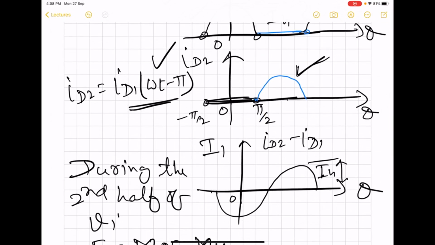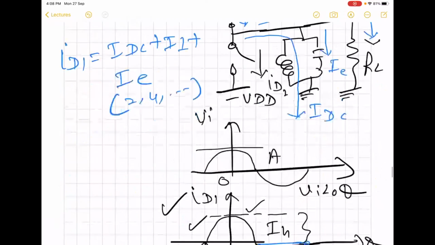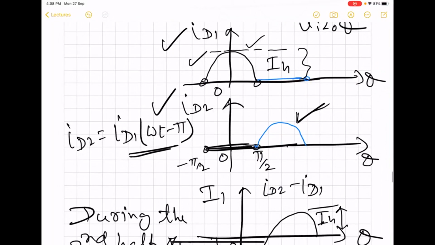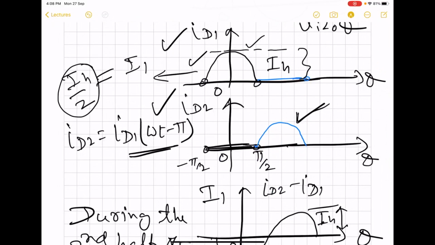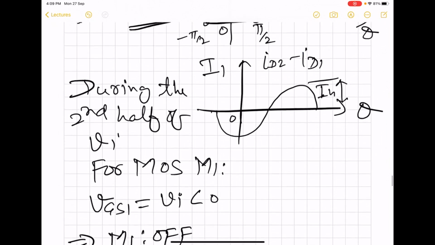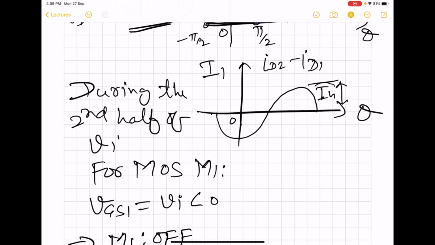But now for the same input, if you go to the previous class B, then we know that in the previous class B, the load current was the fundamental of this IH waveform, and this is equal to IH by 2. So for any given input, the first circuit will allow the load to experience this much current. However, the second push-pull configuration will allow the load to experience IH amount of current.